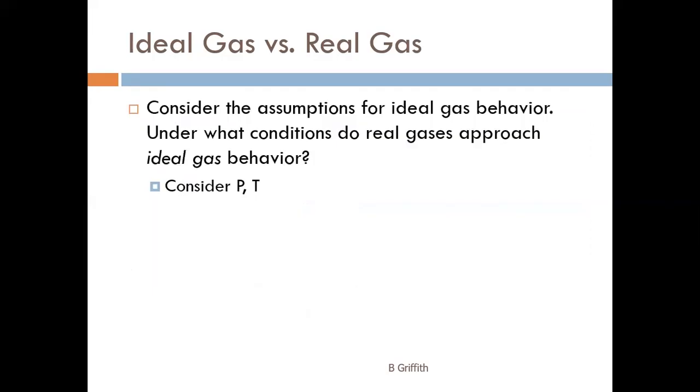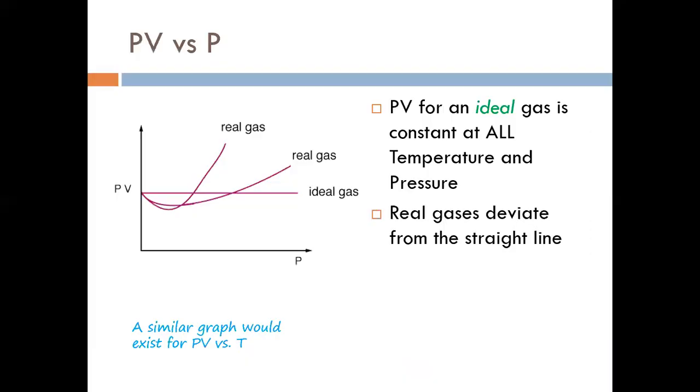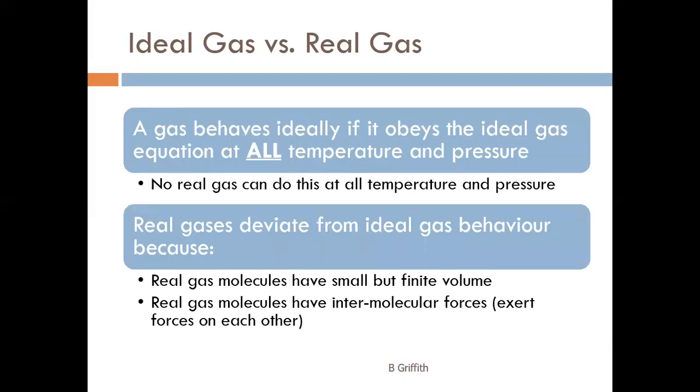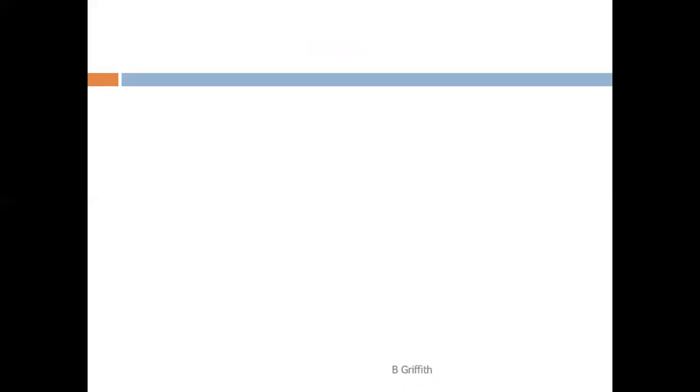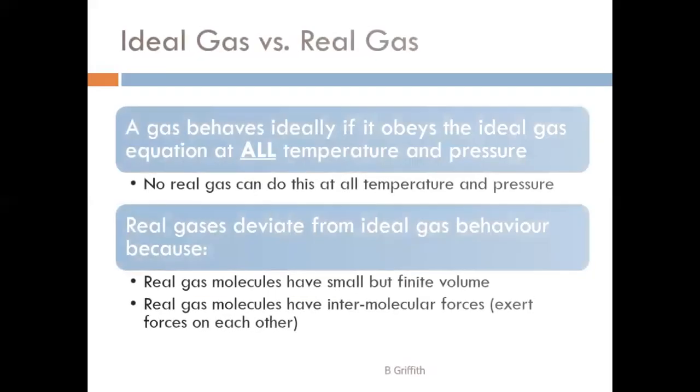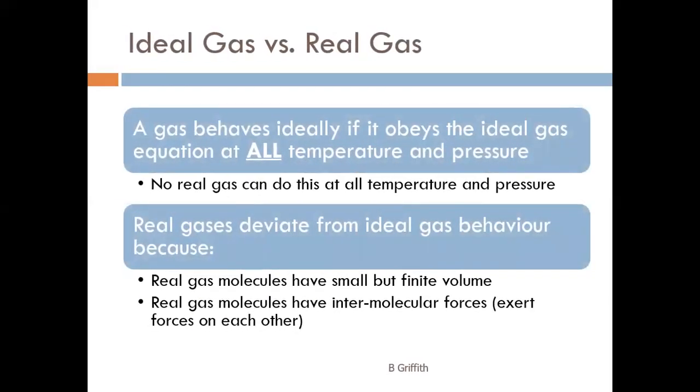So under what conditions will we have a real gas approaching ideal gas behavior? Remember that we said a real gas will deviate from ideal gas behavior because the gas has volume and it has intermolecular forces.